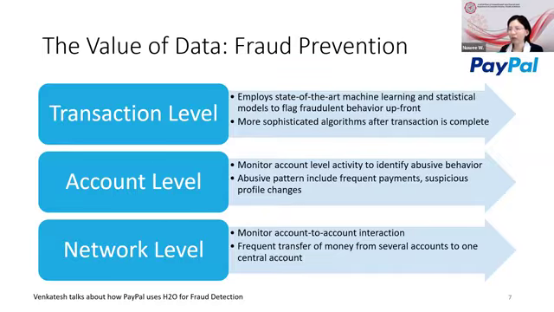Also at the account level, they investigate and see the pattern of each account, whether it has abusive behavior, and try to see whether this person might be a mule account, or บัญชีม้า.